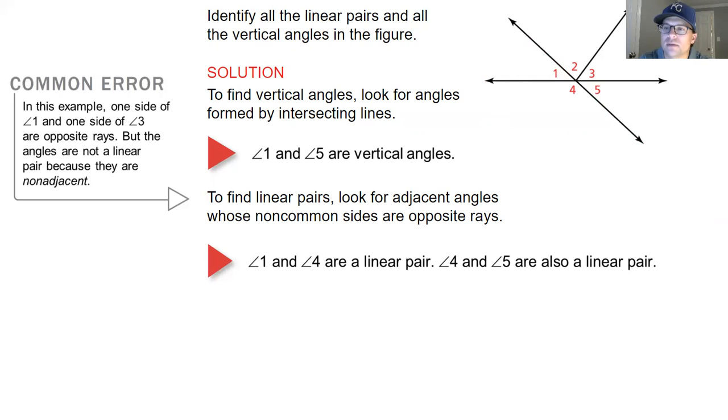The diagram is sort of set up to confuse you, since all of 1, 2, and 3 are supplementary together, but 1 and 3 are not a linear pair, nor are they vertical, because they have to have a common side between them along with the non-common sides forming the opposite rays. So that diagram right here, highlighting the red and green lines, can help show that a little bit more, where that horizontal line forming the opposite rays does not match up with the common side, where angle 2 is created because it's a common side.